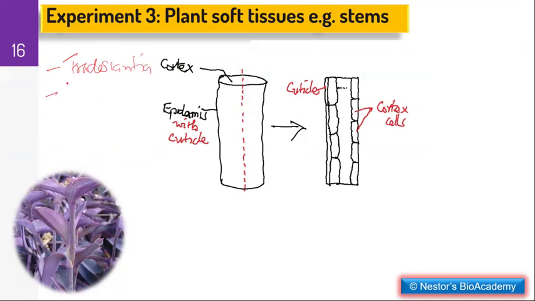We can also give you the petioles of kale, that is Sukuma wiki, and of course, many other soft stems of plants can be used. The ones which are still young and relatively flexible can be used. The very rigid stems will not bring out the observation well.